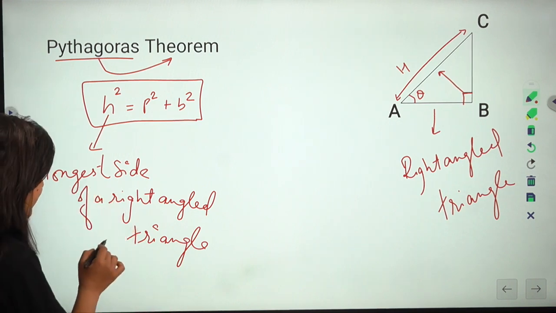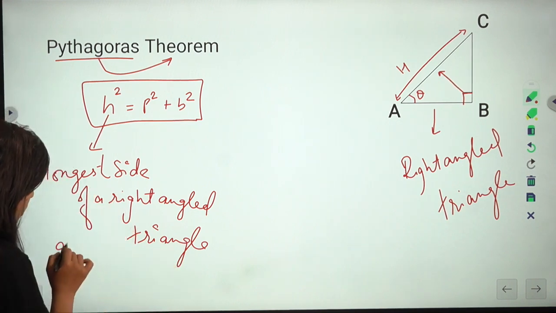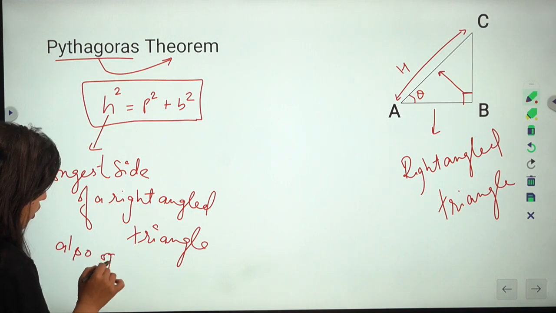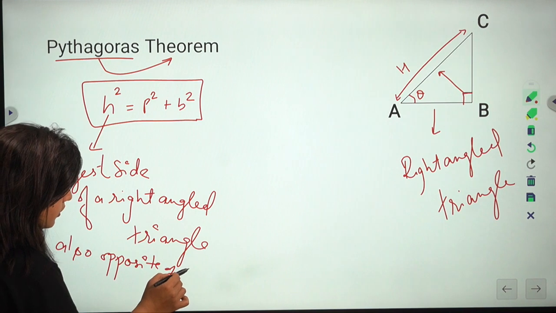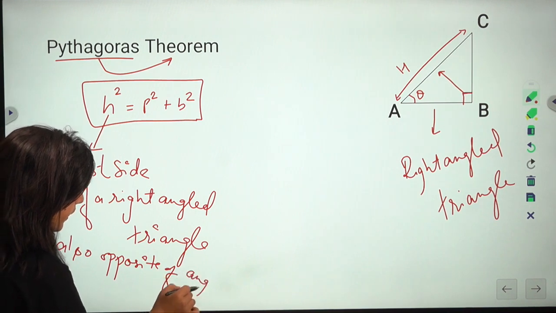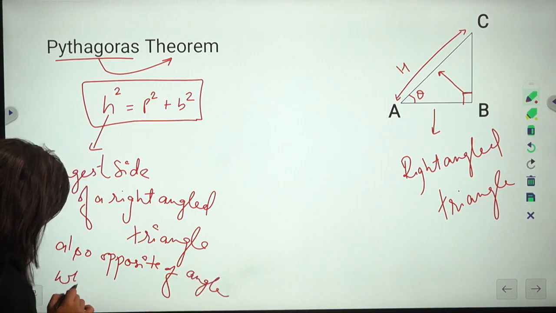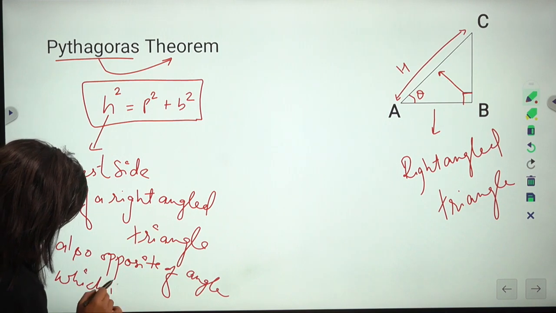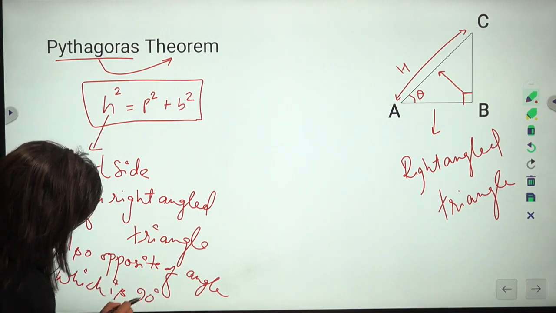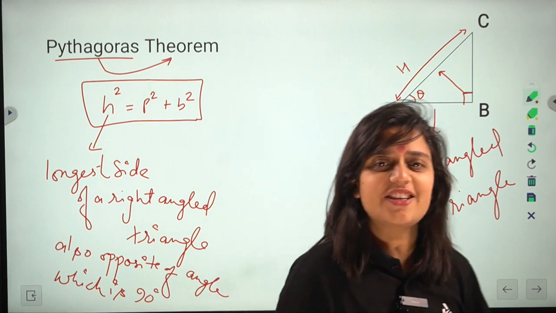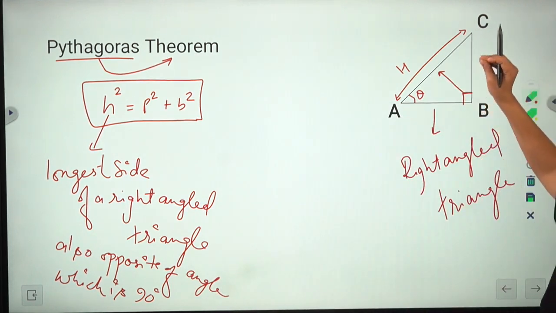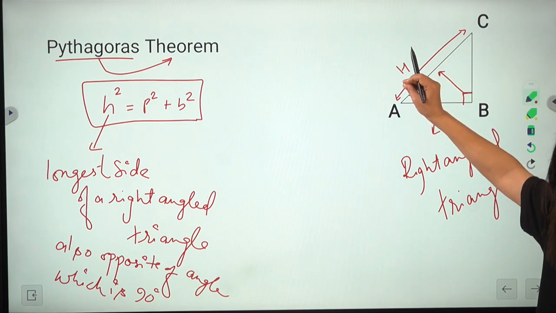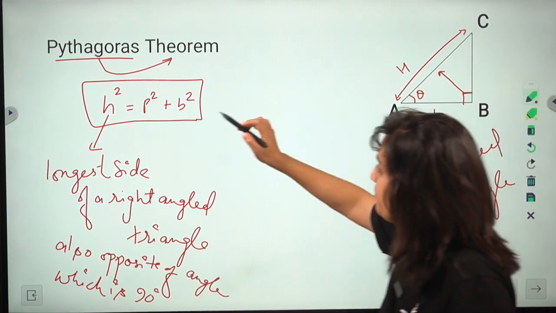And also we can say it is the opposite of the angle which is 90 degrees. Either you say largest side or the biggest side, or you say opposite of the 90 degree right angle. Clear?